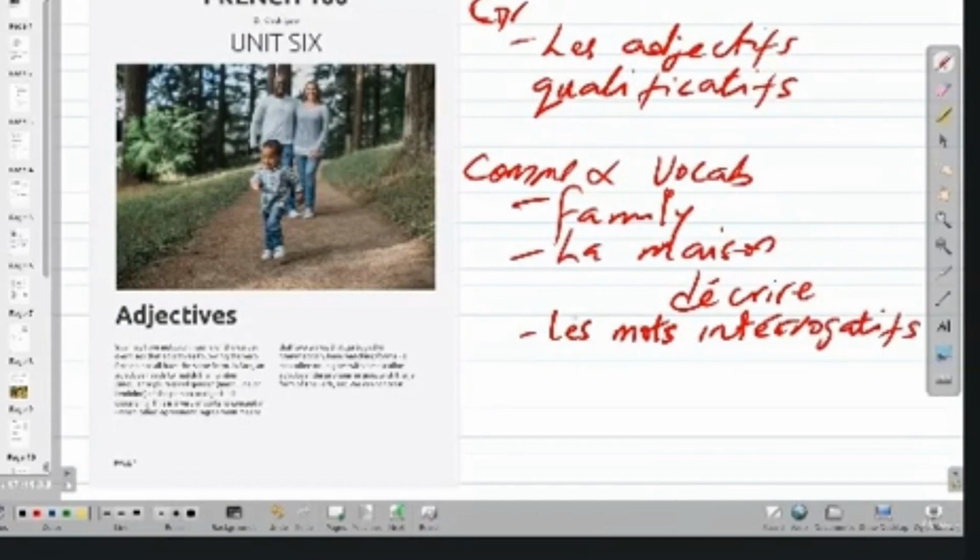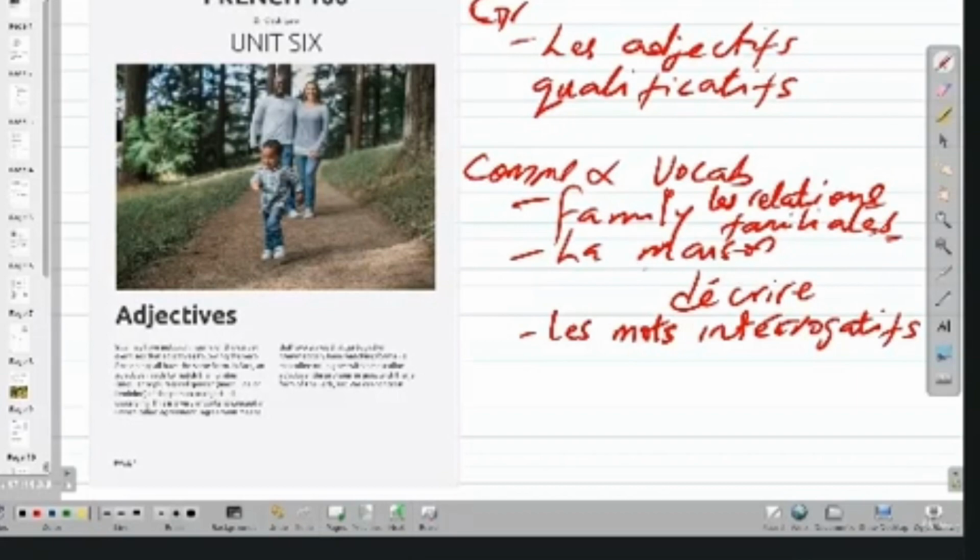Nous allons apprendre les relations familiales, ok, les relations familiales. See how I put S there because it's feminine and it's plural. ES, feminine plural. Nous allons apprendre les relations familiales.